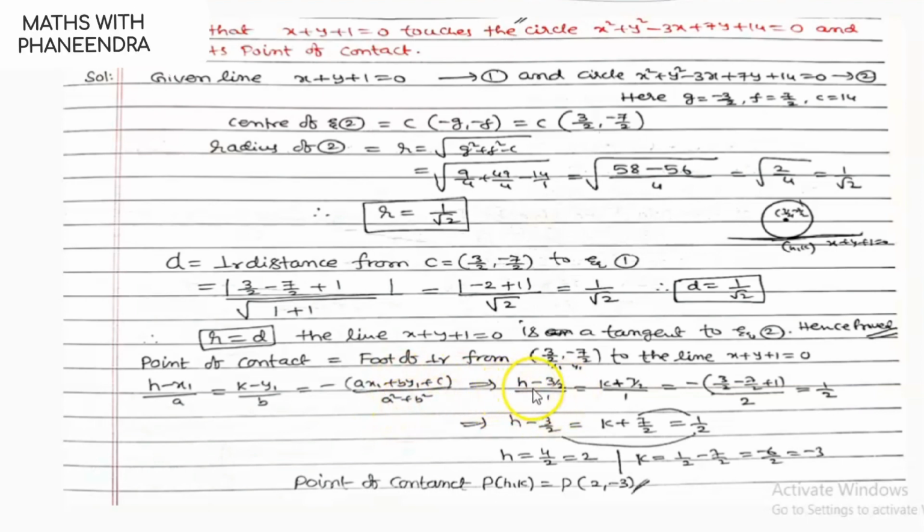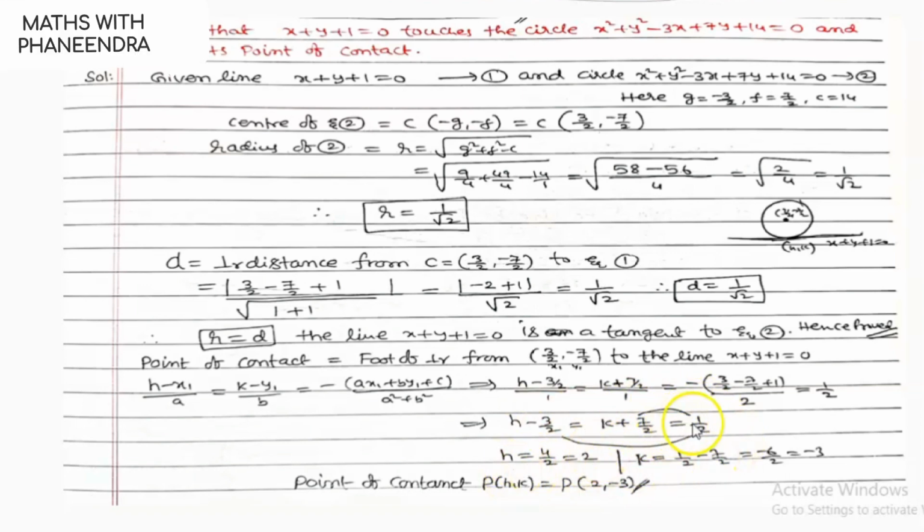So now h minus 3 by 2 divided by a value 1 equal to k minus of minus 7 by 2 by 1 equal to minus of ax1 plus by1 plus c, meaning this numerator value will come here. So 3 by 2 minus 7 by 2 plus 1, that value will become minus 1. Minus of minus 1 plus 1, 1 by 2 will come. So h minus 3 by 2 equal to k plus 7 by 2 equal to 1 by 2.